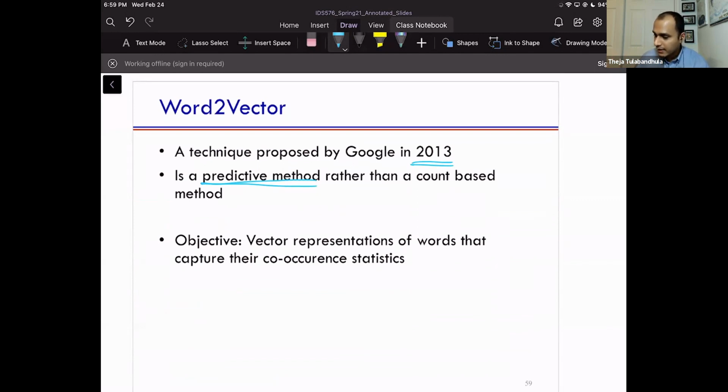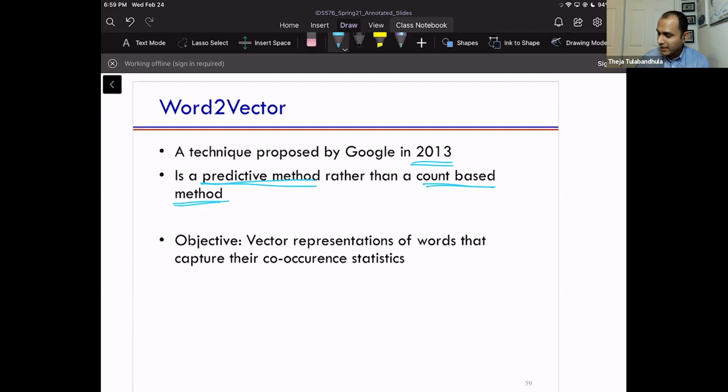Unlike a predictive method, a count-based method is something similar to what you did in the second question of the assignment. There, you created a co-occurrence matrix or some sort of counts for pairs of movies and used those counts to get these movie embeddings, V1 to VM.